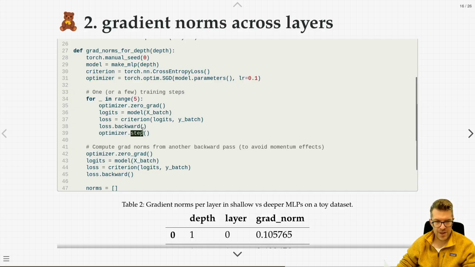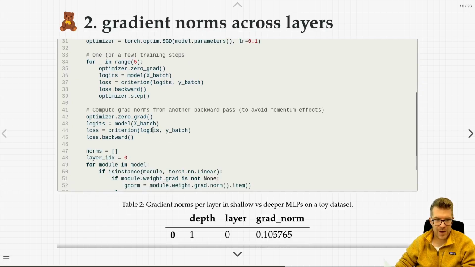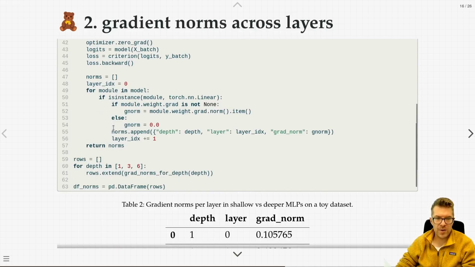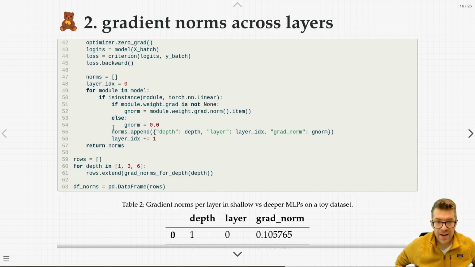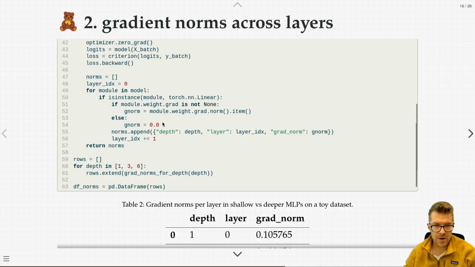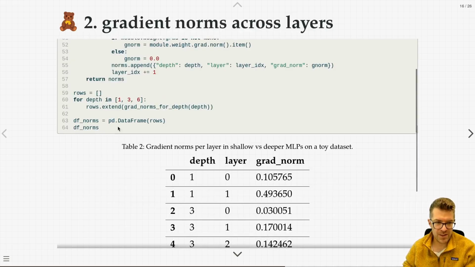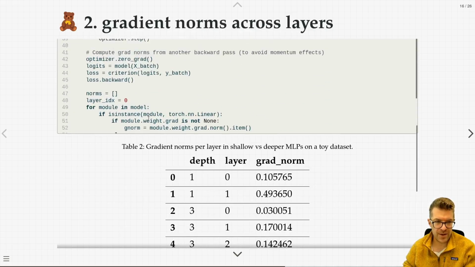And then we'll do an optimization step, and we'll do this 5 times. At the very end, we'll do another backwards pass, and everything else is just tracking our experimental parameters, depth, layers, grad norms, and then we'll write them out into a table, which is this last bit we're going to do. This last table is going to be a data frame.